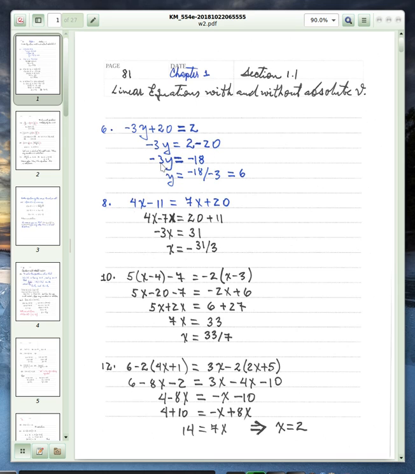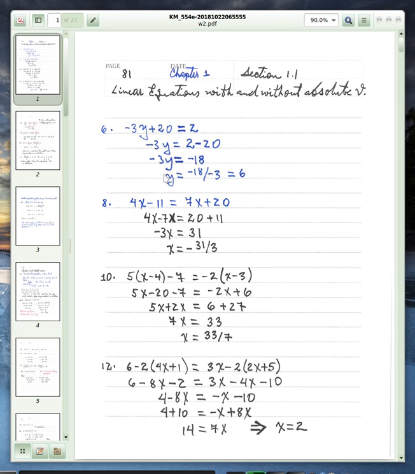Next, we already are at the point that we have negative 3y equals negative 18. The next step is to divide by negative 3. When we divide by negative 3, on the left side the negative 3 disappears and we have only y. When we divide negative 18 by negative 3, we get 6.